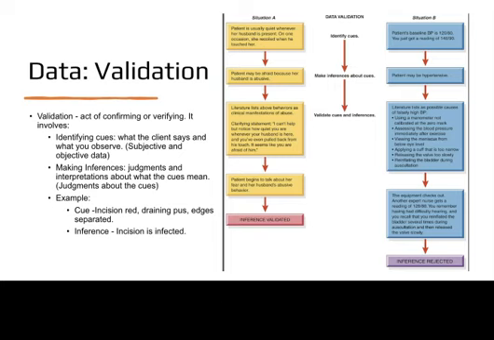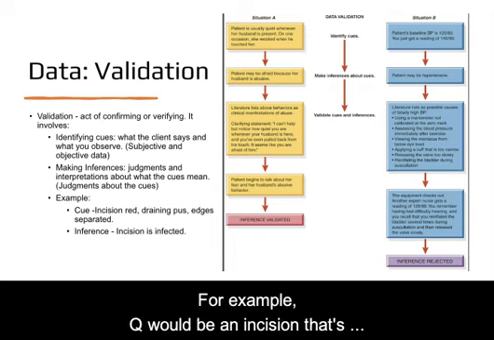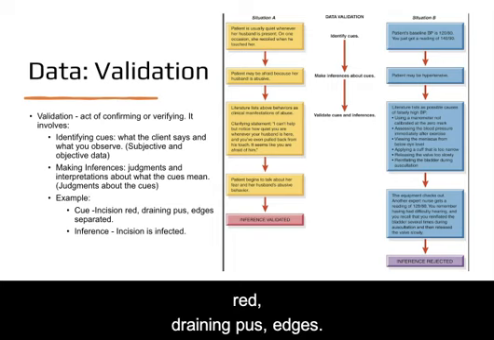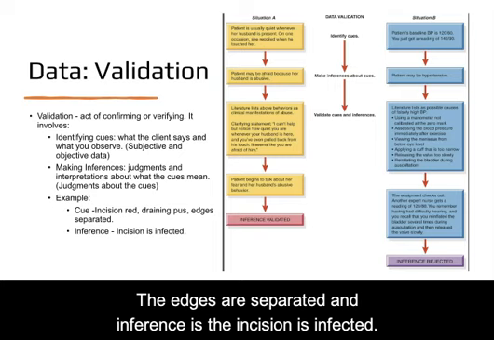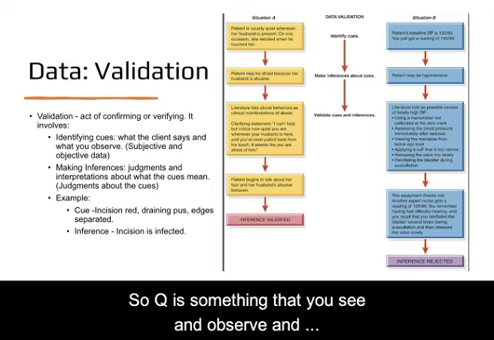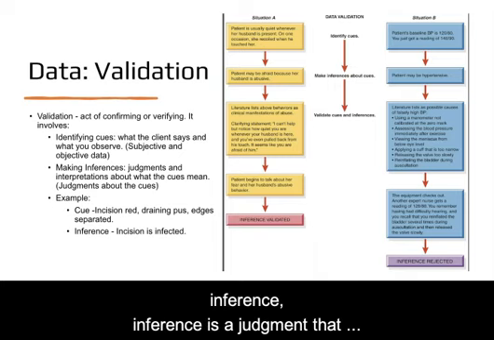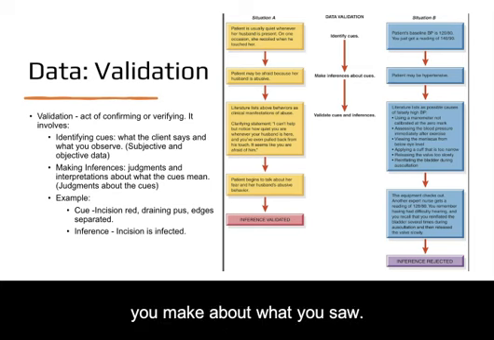And these are your judgments about the cues. For example, cue would be an incision that's red, draining pus, the edges are separated, and inference is the incision is infected. So cue is something that you see and observe, and inference is a judgment that you make about what you saw.